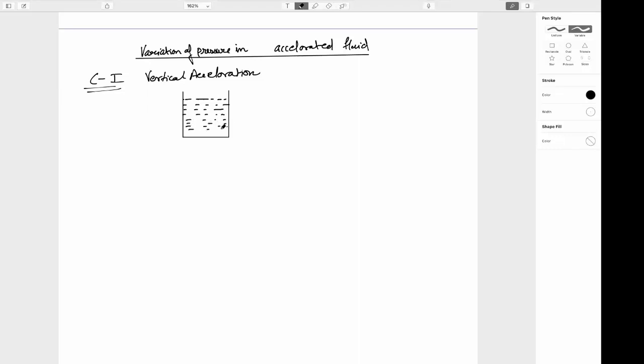So we have a fluid in this vessel. Here it's P naught A. There is some pressure at the base, let's say P. The height of the fluid is H. Now it is, let's say, moving upward with acceleration a.